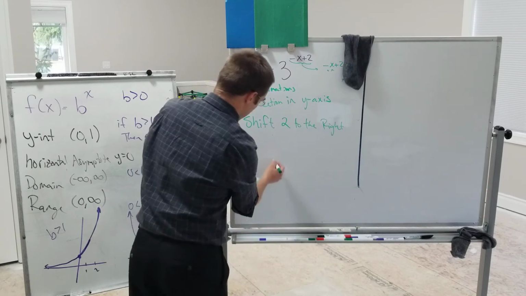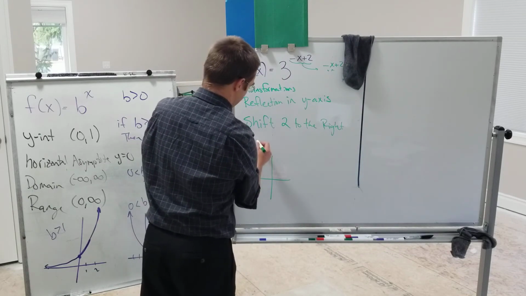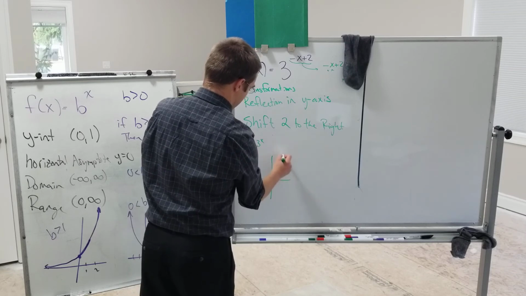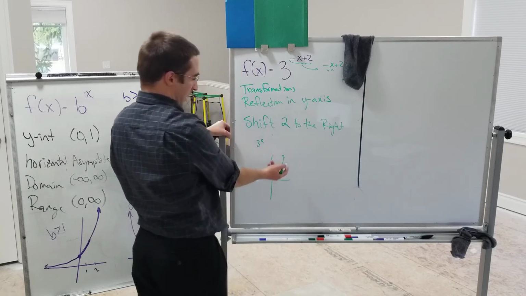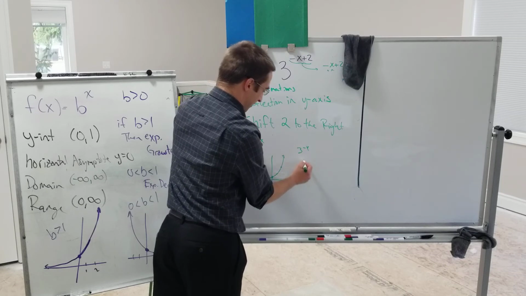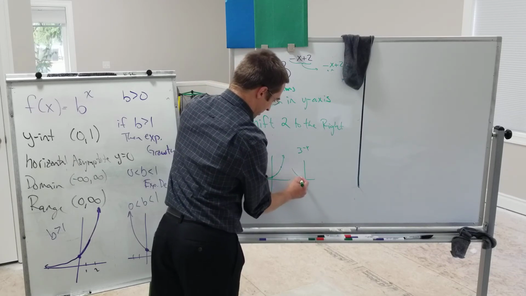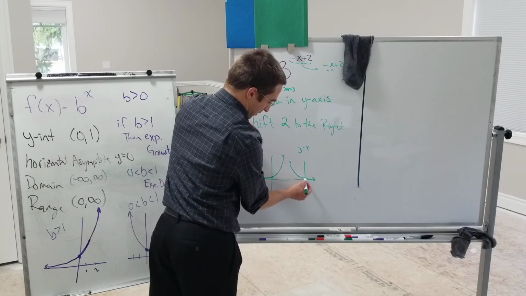So one thing we could do to graph this, we could say, well, 3 to the x looks like this, where it's like 1, 3, 9 for our y numbers. And then 3 to the negative x is just going to be the reflection of that. So over here we have 1, 3, 9.